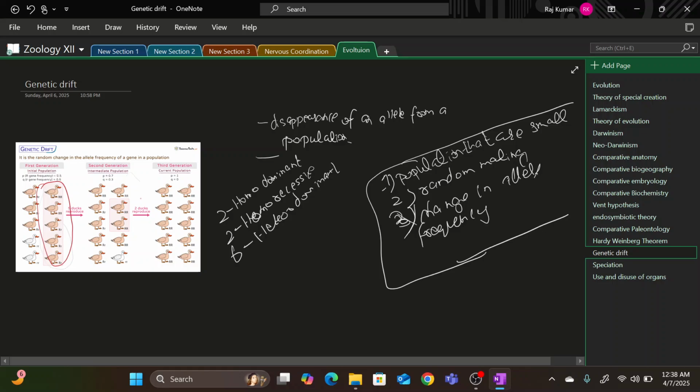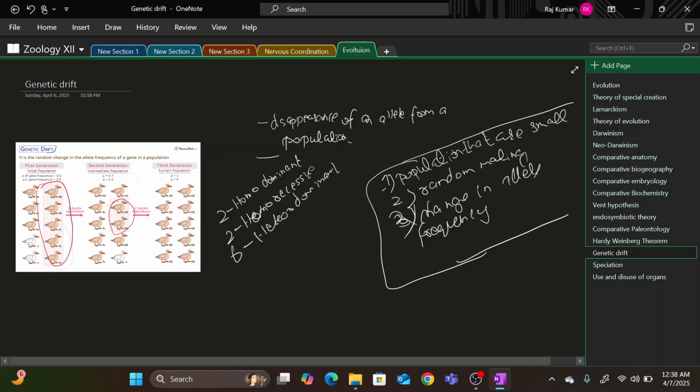In that way, the second generation lost the white duck. Now in the third generation, let's say two of these ducks have bred.